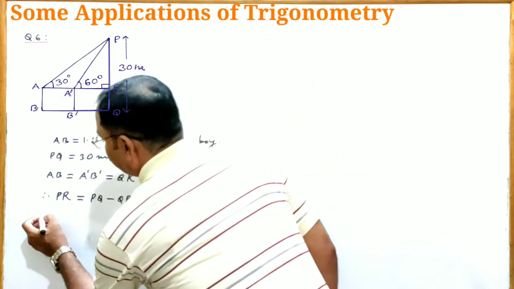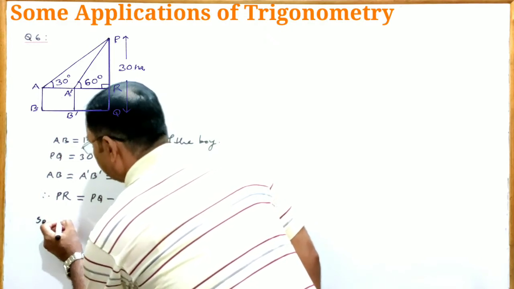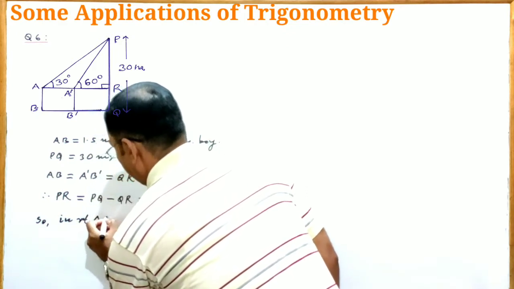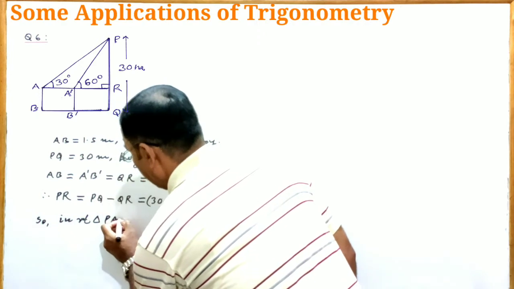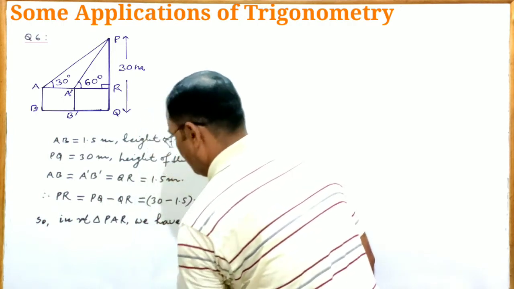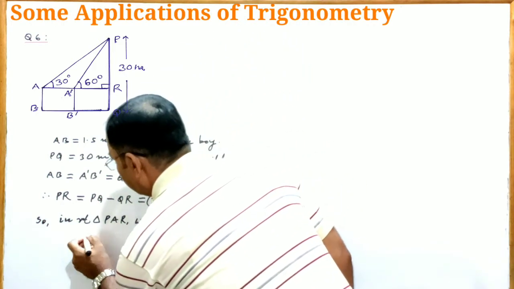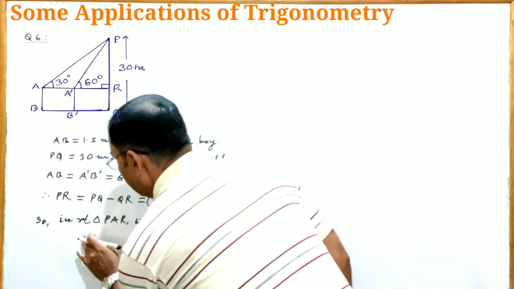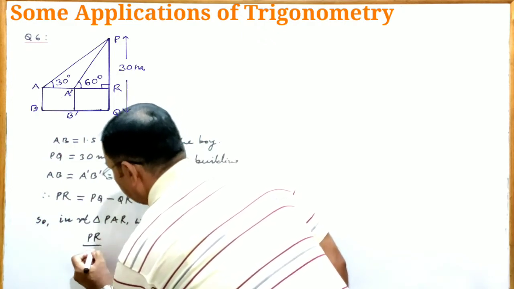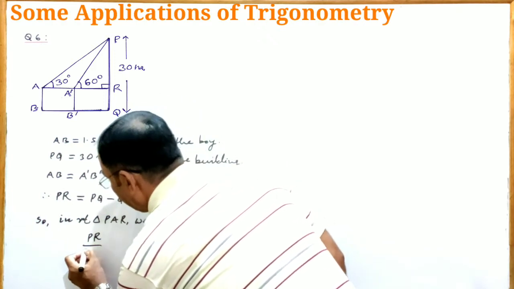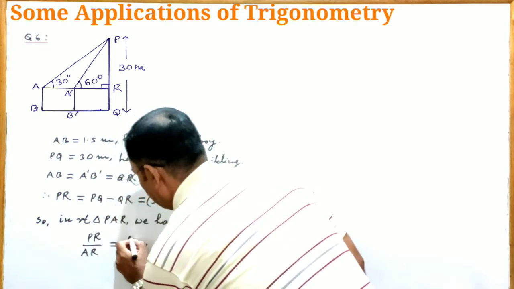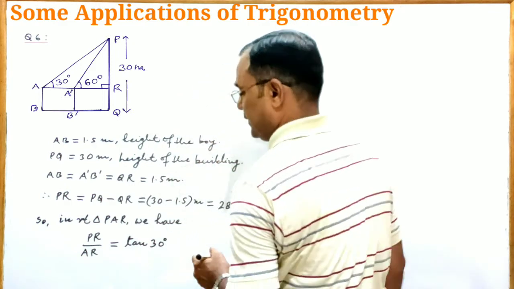So in right triangle PAR, we have PR by AR is equal to tan 30 degrees.